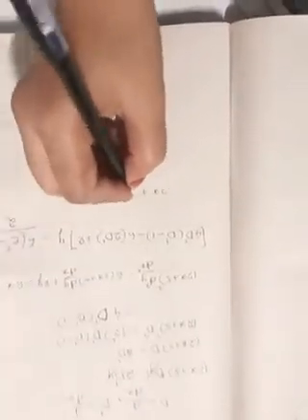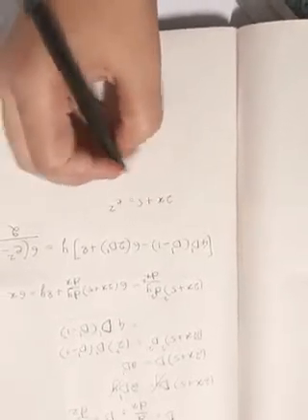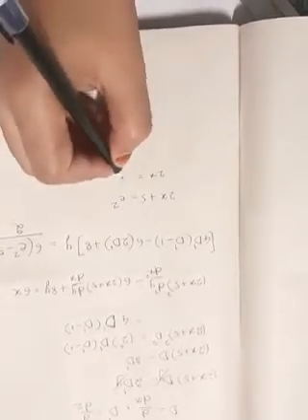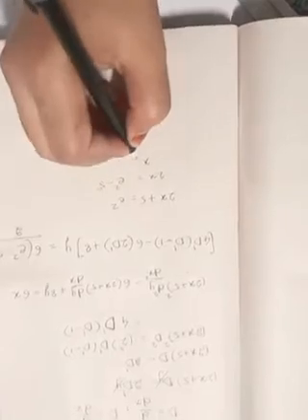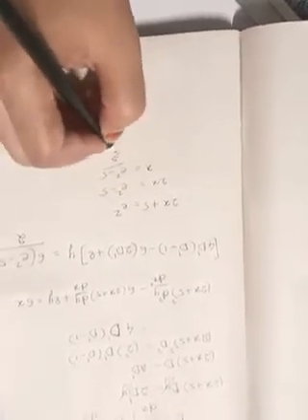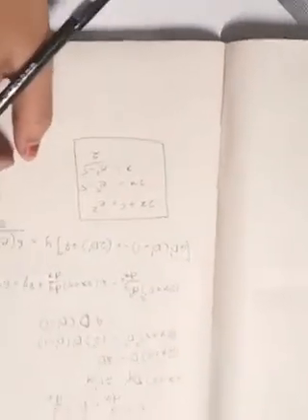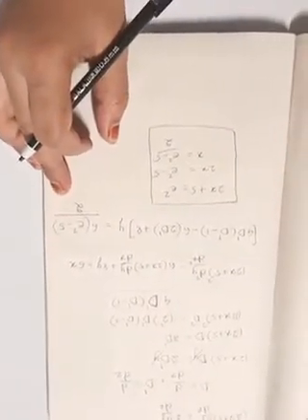You may have confusion about how we are taking the x value, okay? 2x + 5 equals e^z we have taken, right? So now what is x? x is equal to (e^z − 5)/2, right? Now after substituting all the values here, we have to go for our further step.